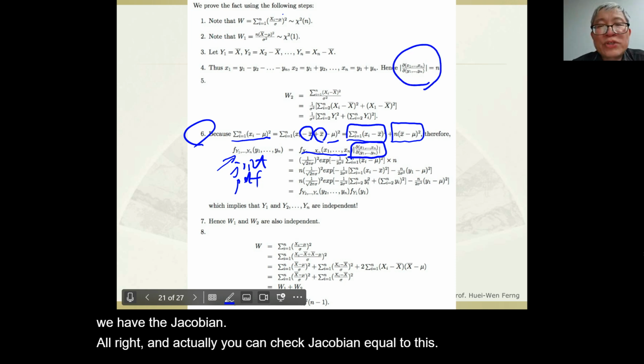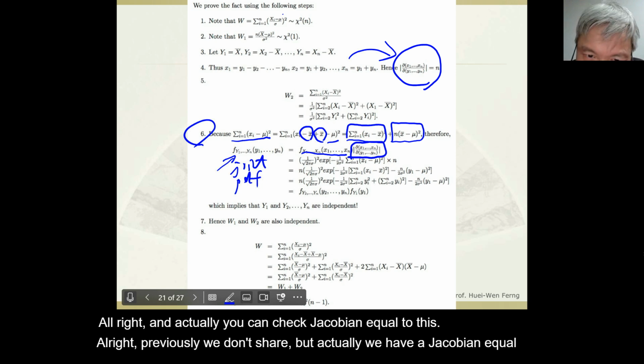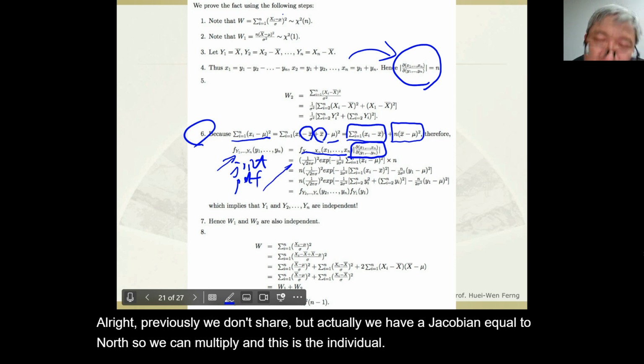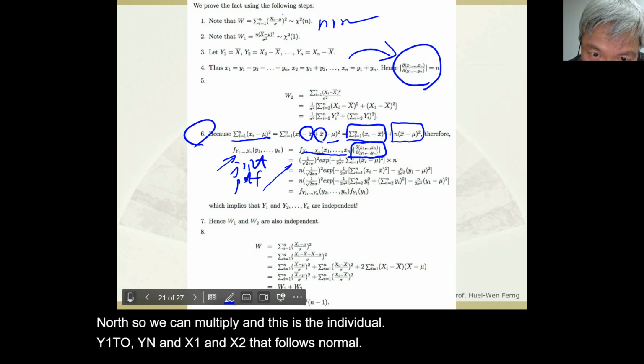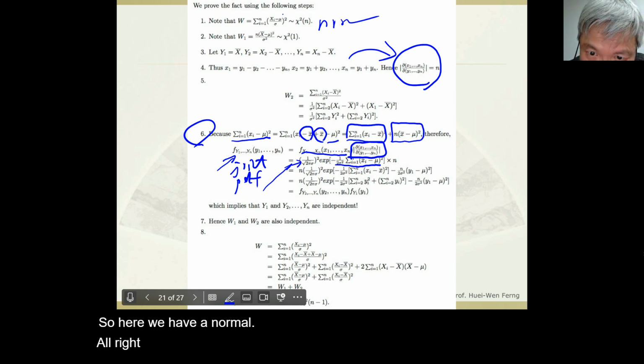Previously we didn't check, but actually the Jacobian equals n. So we can multiply, and this is the individual y1 to yn, and x1 and x2 follow normal. So we should have the normal form, but multiplied by n.